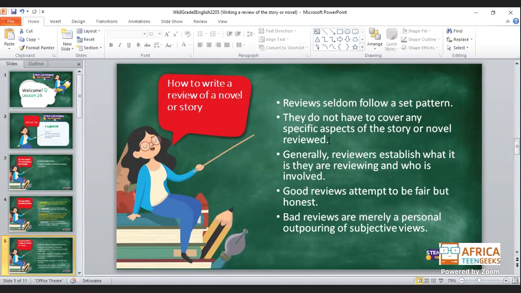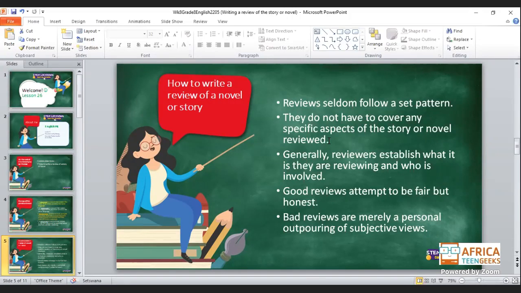If I'm writing a review about the adventures of Mr. and Mrs. X, then I write about the character, how Mr. X is tall, he's mean, he's jealous, he's all these things, and then I talk about the characteristics of Mrs. X. No, we do not cover any specific aspect of the novel. Remember that when we review, we talk about everything, we cover everything about that novel, about that story.